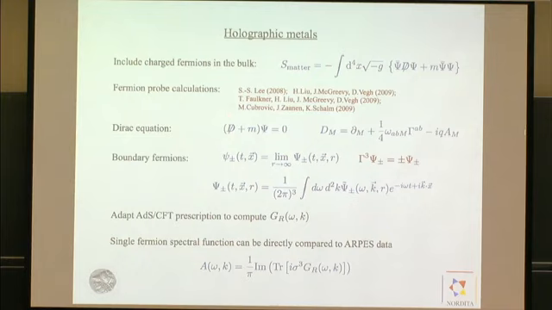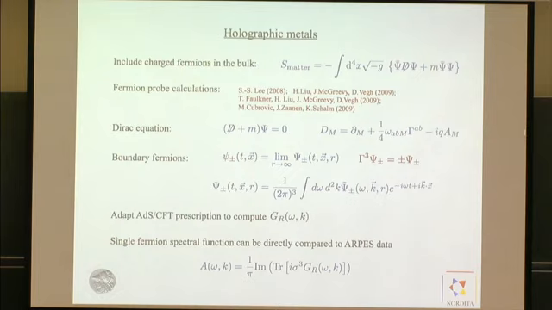You solve the Dirac equation in the bulk. You look at the behavior of your fields as they approach the boundary. Those will act as sources for some fermionic composite operators in the dual field theory, and you can study their correlation functions.